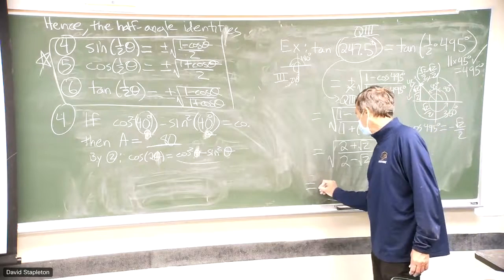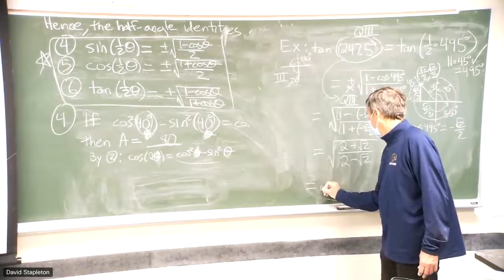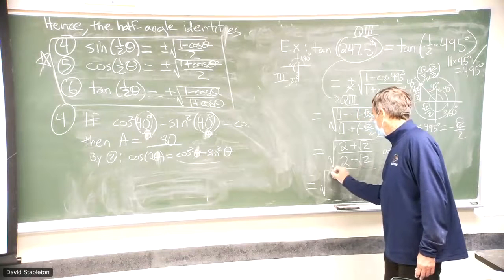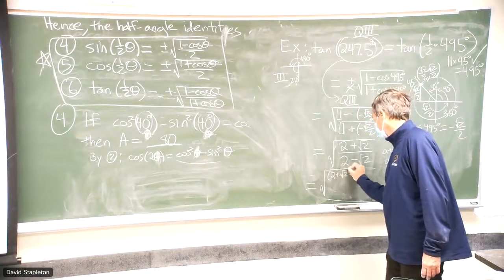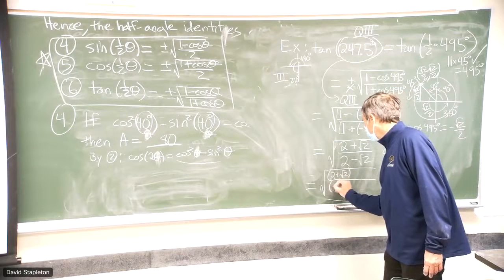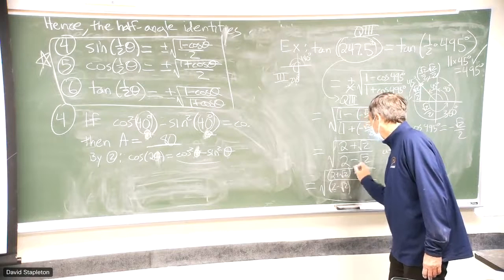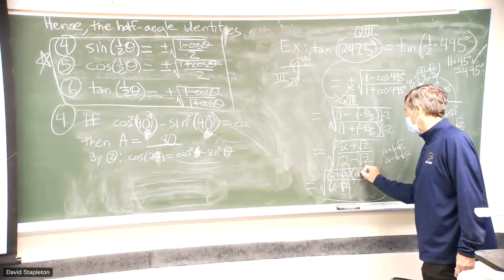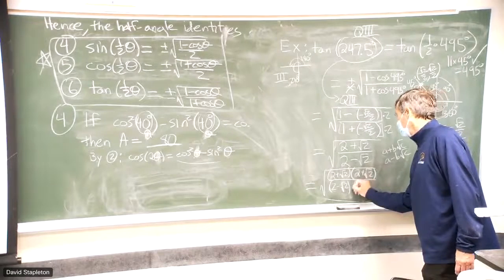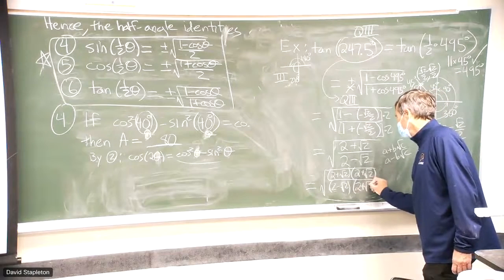So what I'm going to do now is write the same thing, 2 plus root 2 over 2 minus root 2, and multiply the whole top by the conjugate of the bottom, 2 plus square root 2, 2 plus square root 2.